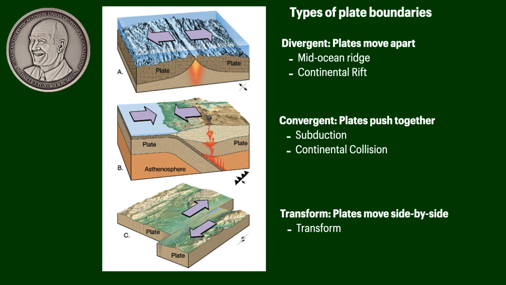And J. Tuzo Wilson was able to sort of define how plates would interact. And then we can sort of look at sets of processes that happen at these different boundaries that combine the evidence that we have for tectonics and the processes that occur at each of these different types of plate boundaries.